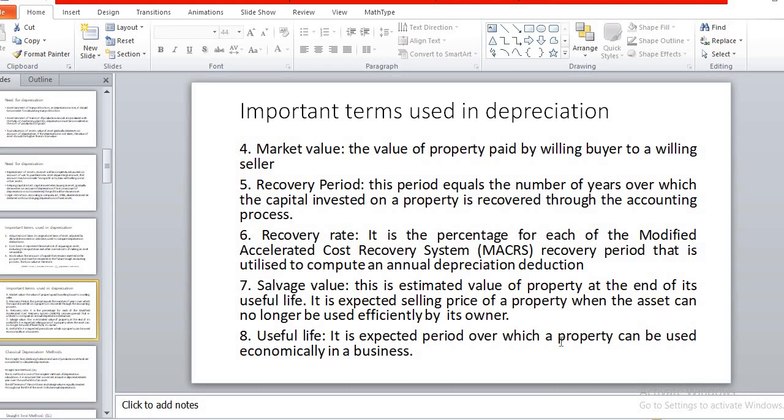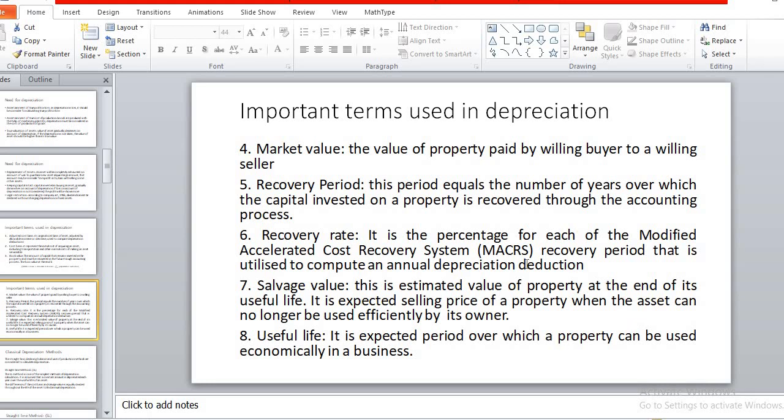For a particular period of time, which rate we should apply so that we can recover that invested capital, that is nothing but the recovery rate.